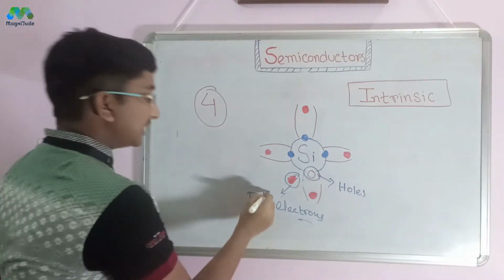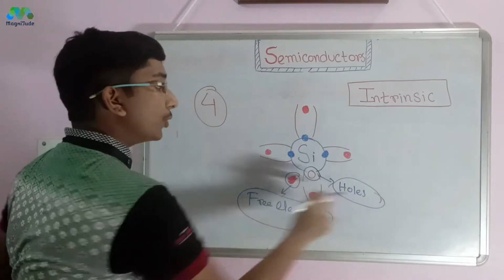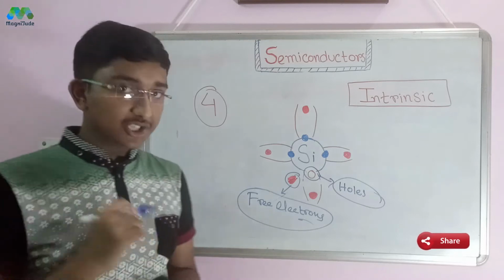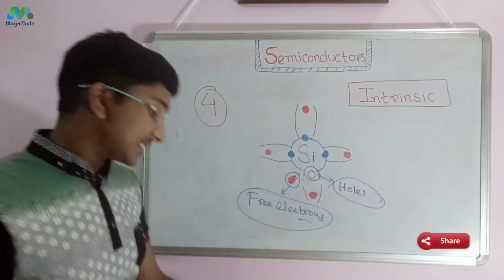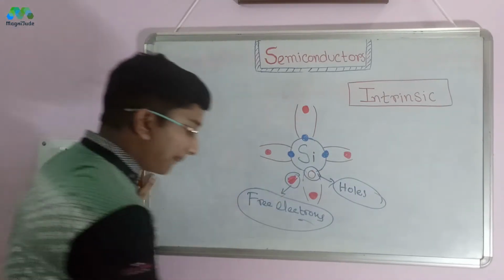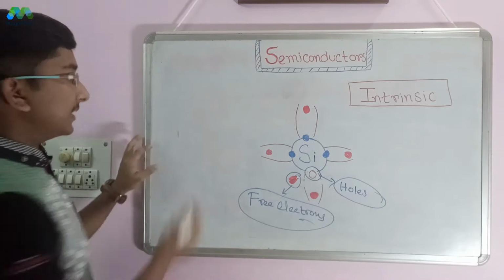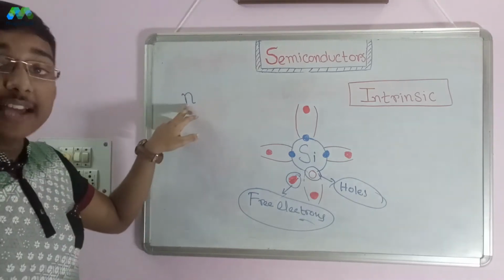Next, these free electrons and holes are both known as charge carriers. In the case of intrinsic semiconductors, we represent the number of free electrons as n.